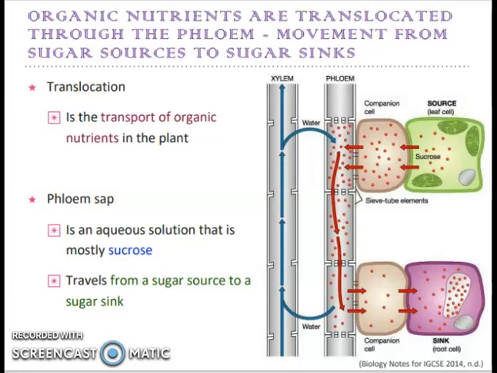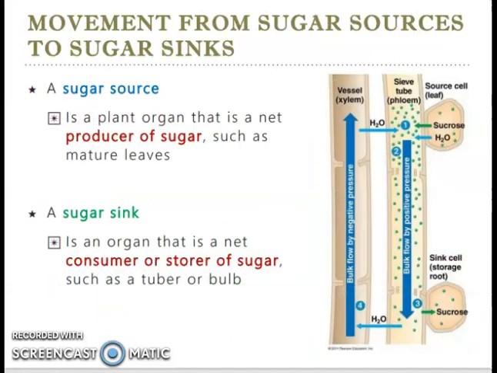Phloem sap will flow in plant tissue from the leaf as a sugar source tissue to the nutrient-needing parts of the plant, such as the stem and root, that we call sink tissue, which need that sugar molecule as nutrient. In the previous slide, I mentioned the source and sink plant tissue.